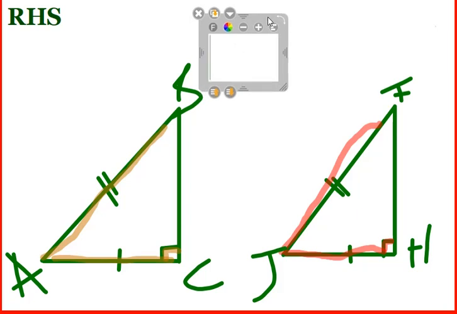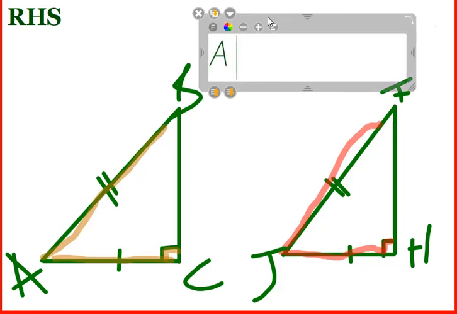Triangle ABC is congruent to triangle. Can you see we said ABC? That means here we also have to start with the angle that corresponds with A, which is J. So J, I, and H.